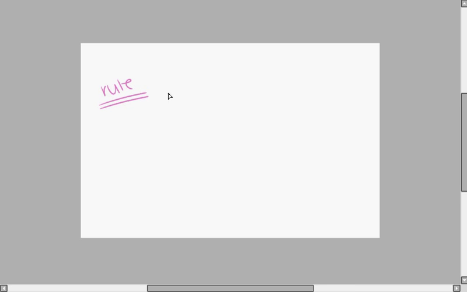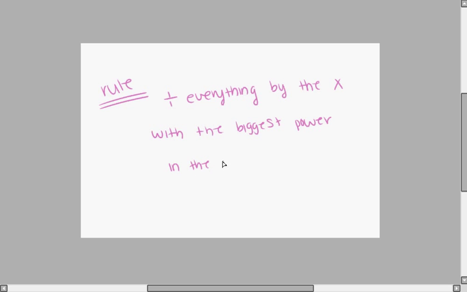So the rule is to divide everything by the x with the biggest power in the denominator. And make sure you're doing the denominator, not the numerator.